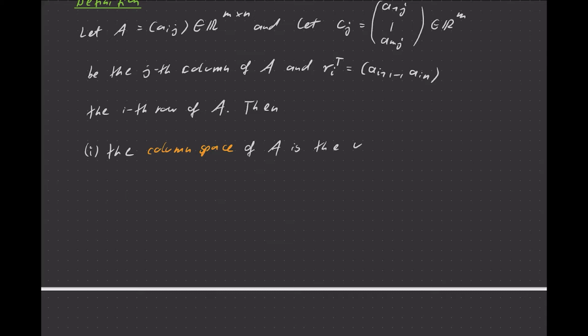It is the vector space that is written as column space of A and is defined as the span of the column vectors. Very simple. So just the span of C1 to Cn. Remember, we have n columns. That's the column space of A.